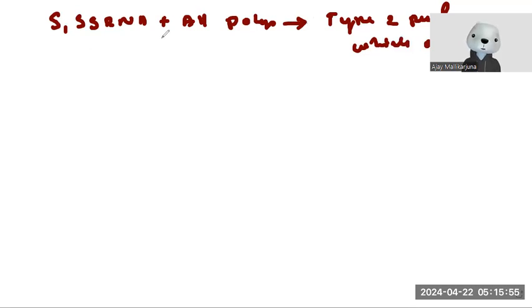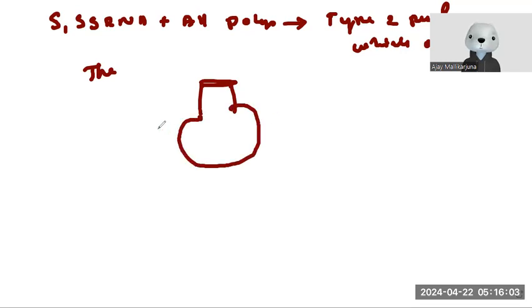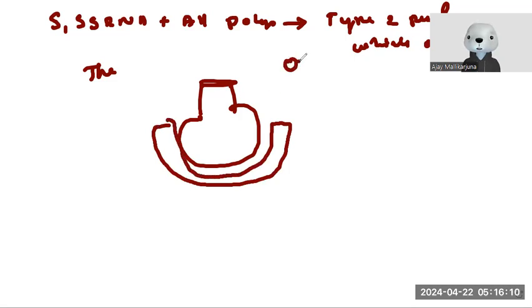So what happens after they release? Say this is the lung. This is a spike protein or virus particle.